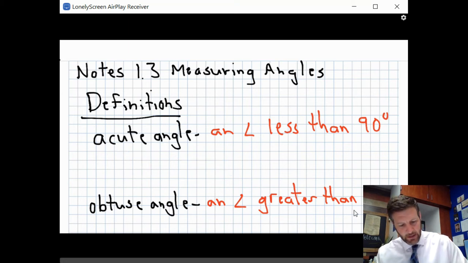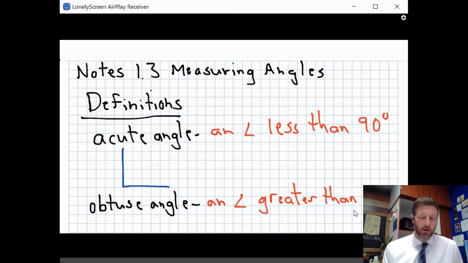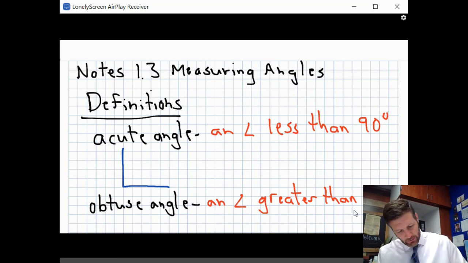One of the most basic ways to talk about angles is to categorize them based on their size. An acute angle, as we've written here, is an angle that is less than 90 degrees. A quick, easy way to remember 90 degrees is that it basically makes a perpendicular and a horizontal line where they meet. This is a right angle, which is actually one of our terms.